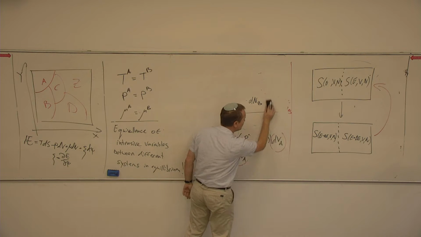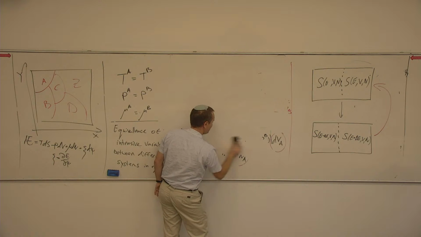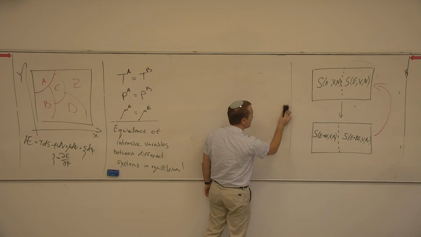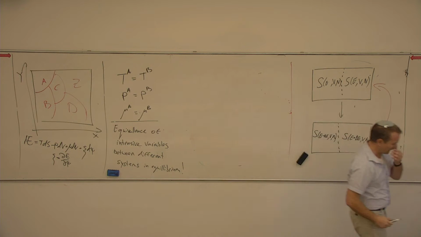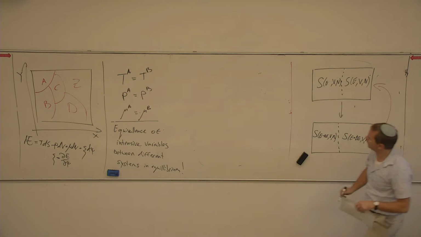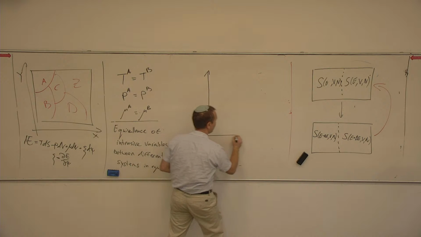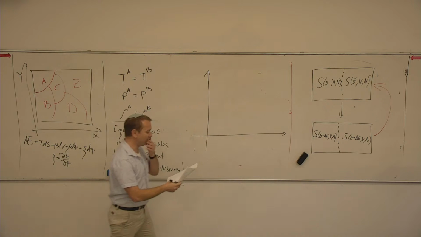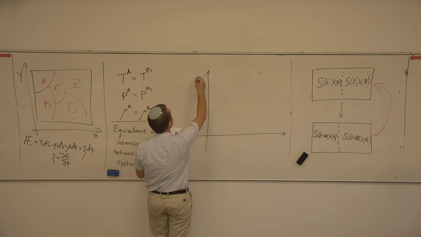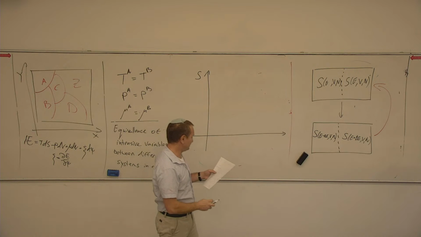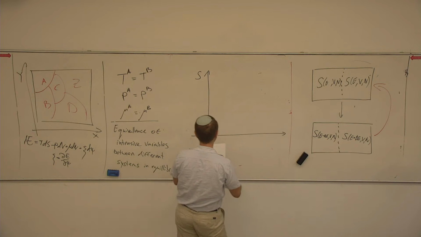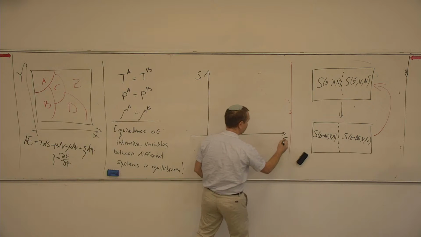So let's look at this property mathematically. So mathematically, we have the following thing. So we have S, and we have E. Okay.